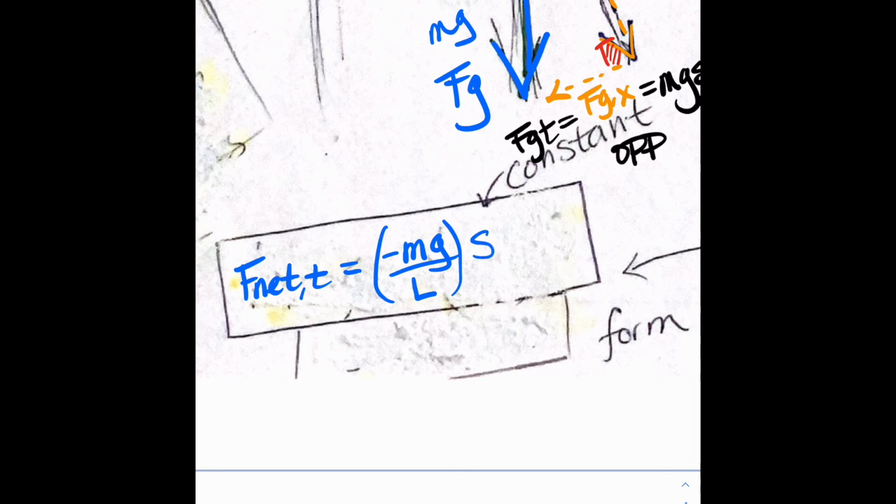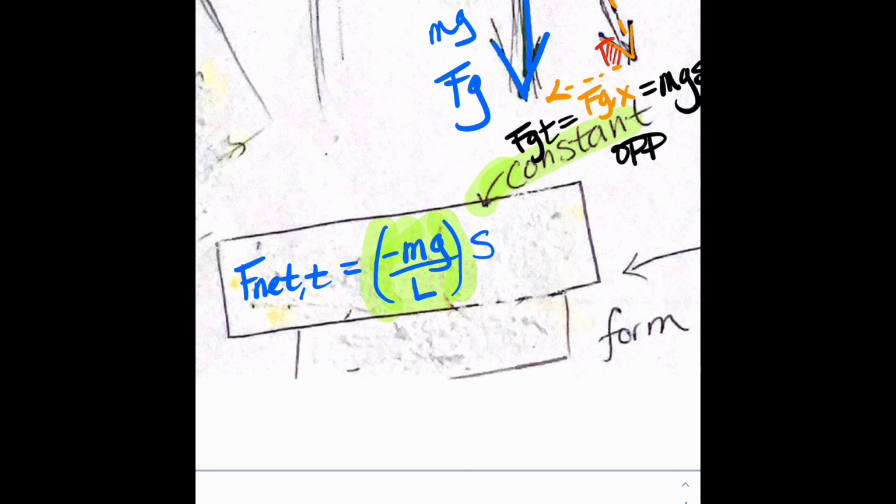And what you can see we have here is a constant, right here. This is our constant: the mass isn't changing, gravity isn't changing, the length of the pendulum isn't changing.